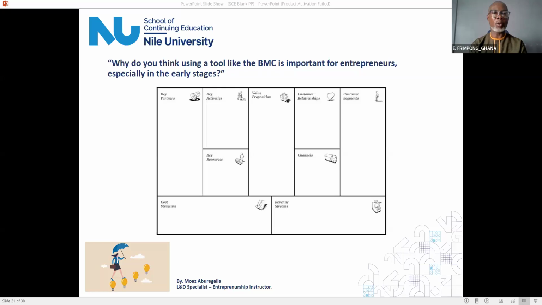It will guide you as to each stage what you need to do and what you need to avoid, so that you can avoid what can destroy your business or not help you achieve your objective.